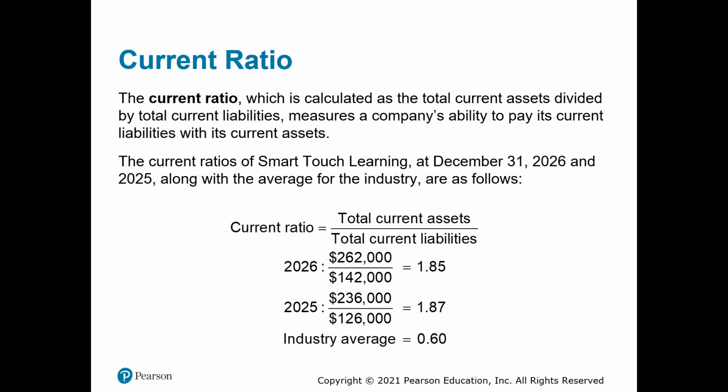So what happens if all of that happens? We are able to convert all of our current assets into cash to pay our current liabilities. Well, right here, according to our balance sheet in 2026, we had $262,000 of current assets against our $142,000 in current liabilities. That's 1.85 times.